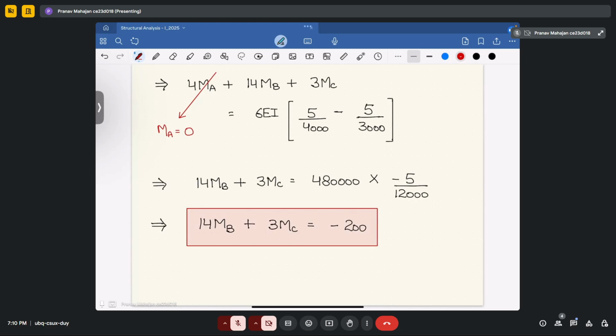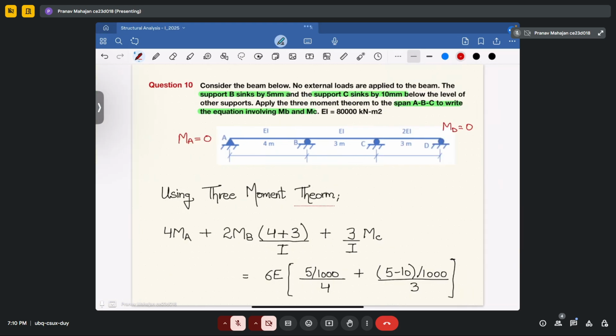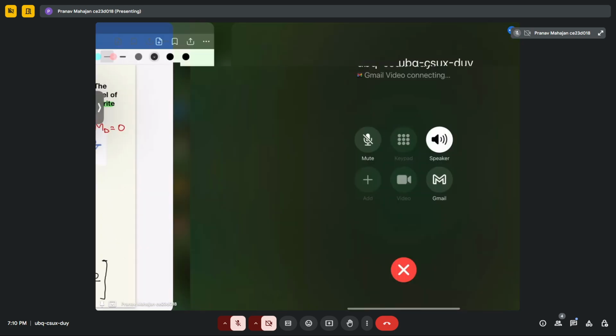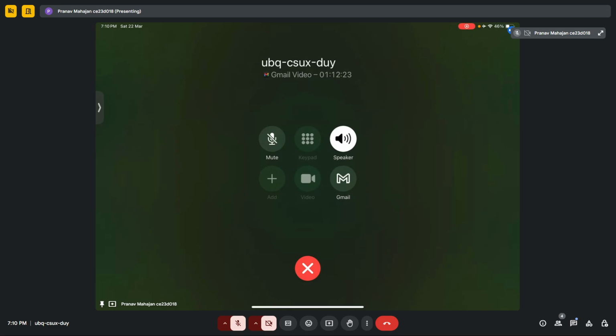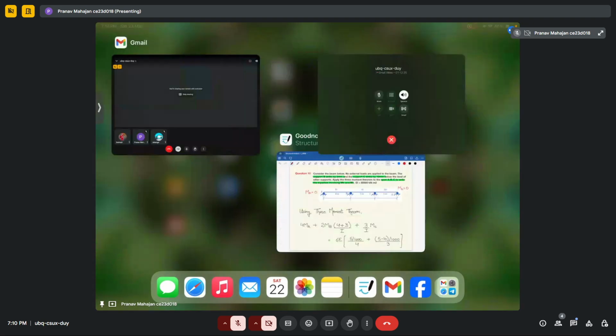this for the another span also, that is the BCD span. If we again apply this three moment theorem, from this again MD will get eliminated, and you will be remaining with the equation having unknowns MB and MC. Then you will have only two unknowns, that is MB and MC, and two equations.